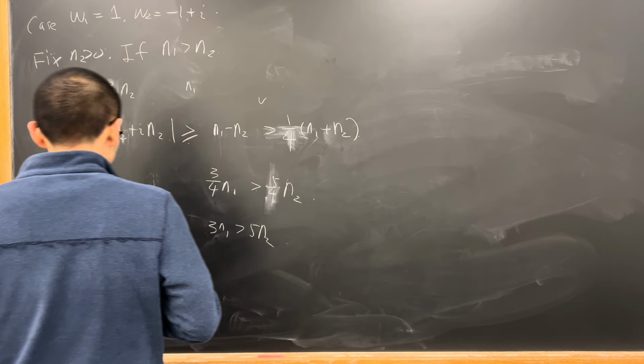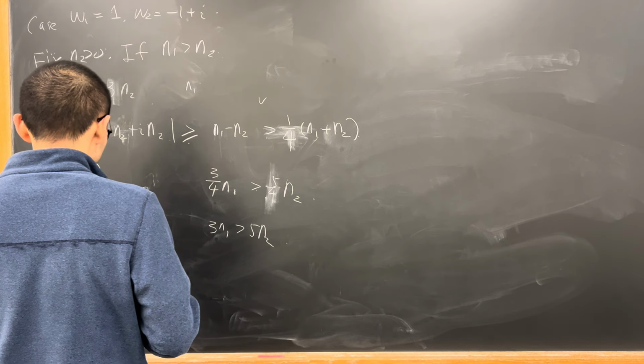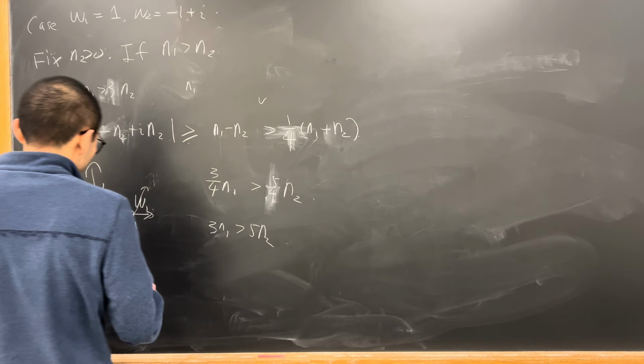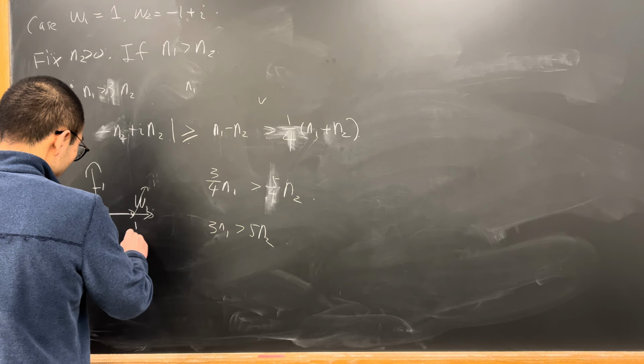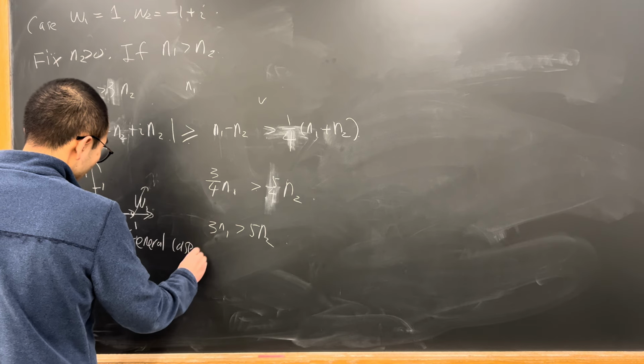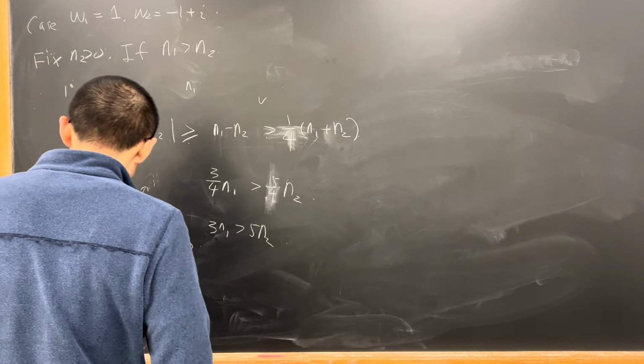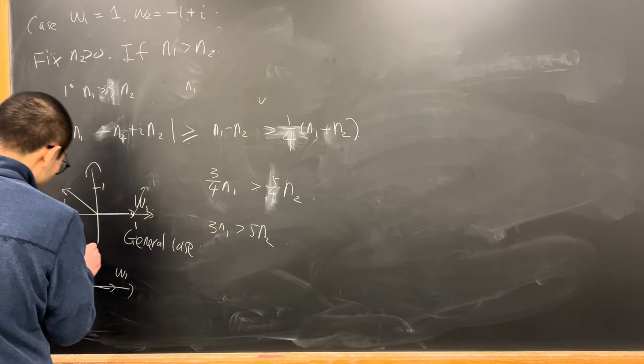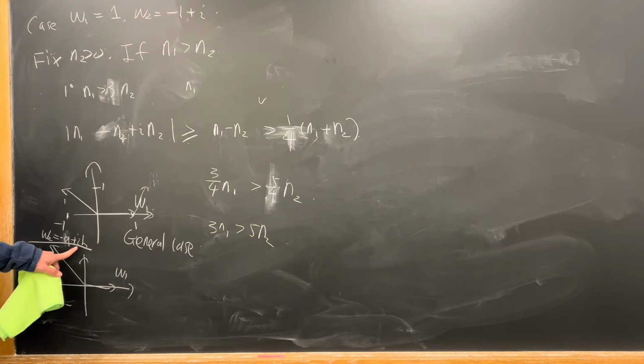Okay, so let's see here. For the general case, when you have the expression for W2 as negative A plus iB, right?